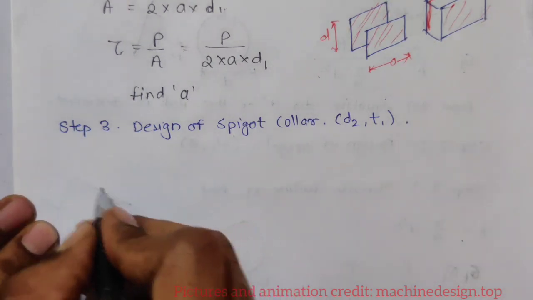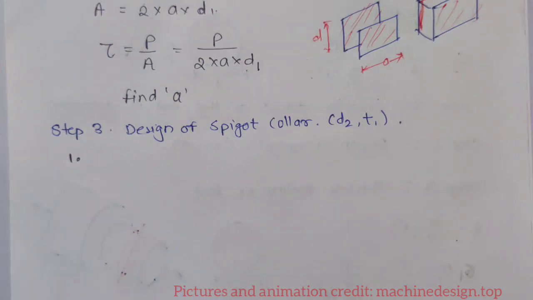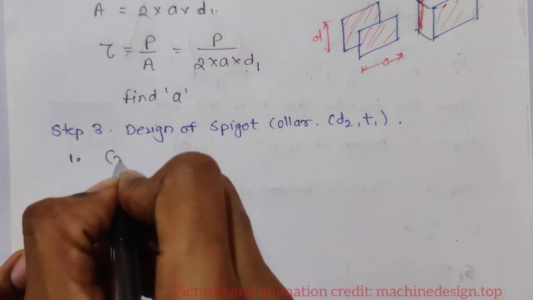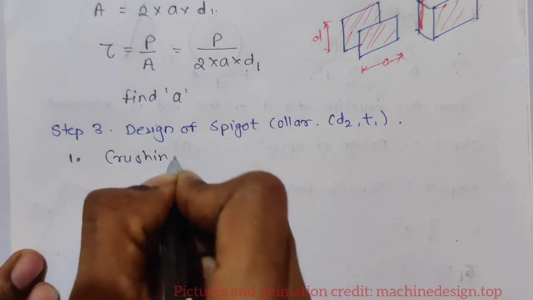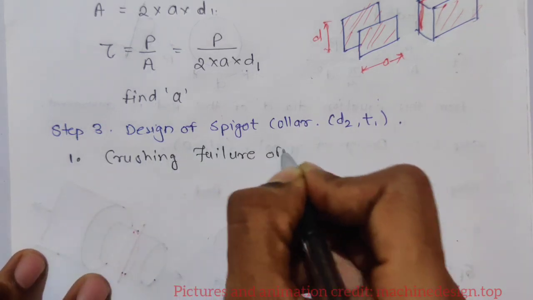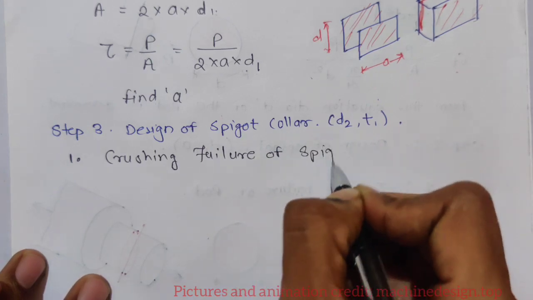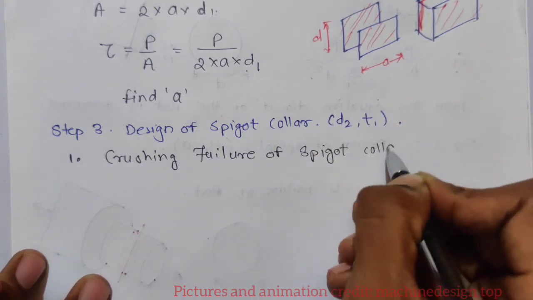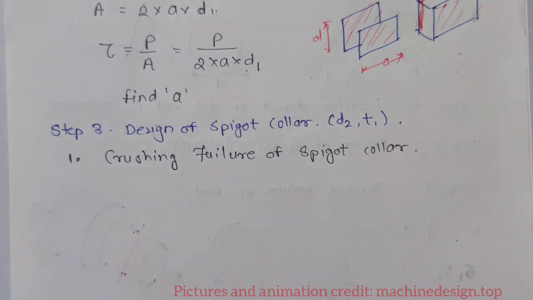So step 1, first is crushing failure of spigot collar. Okay, now see this spigot collar.